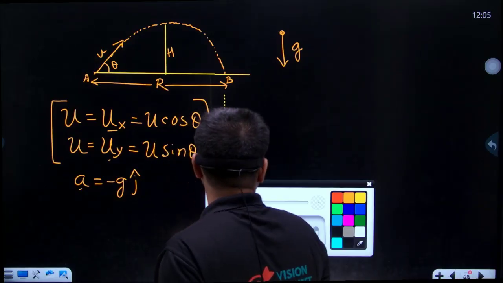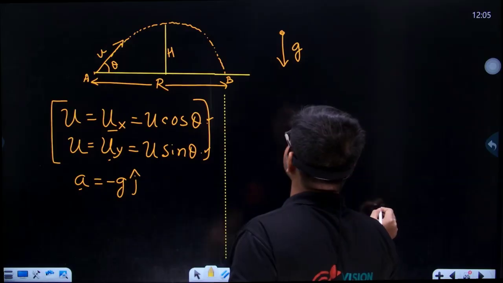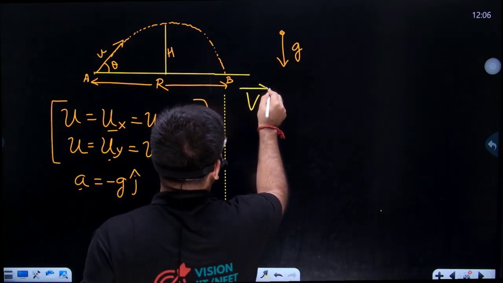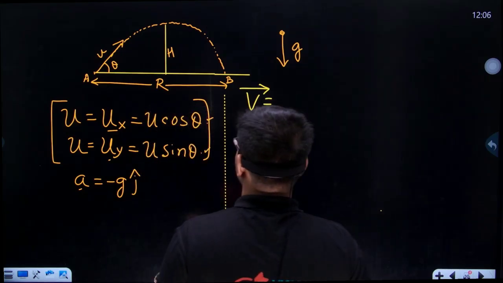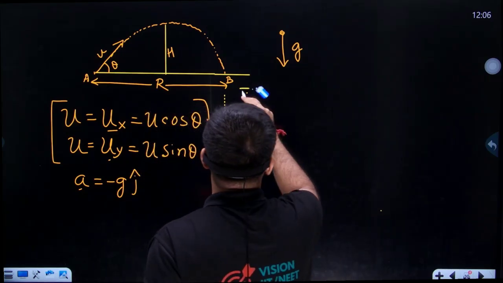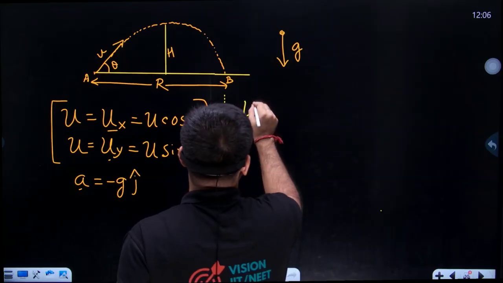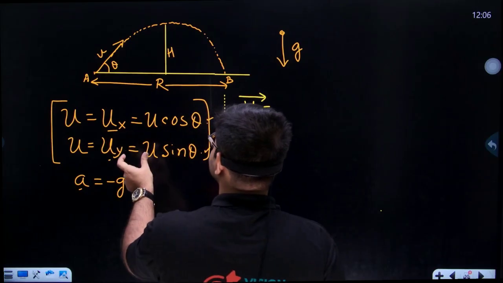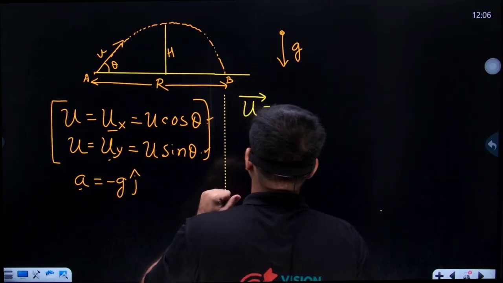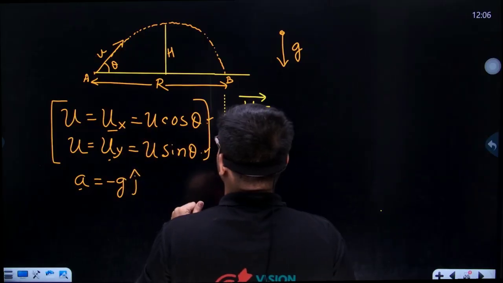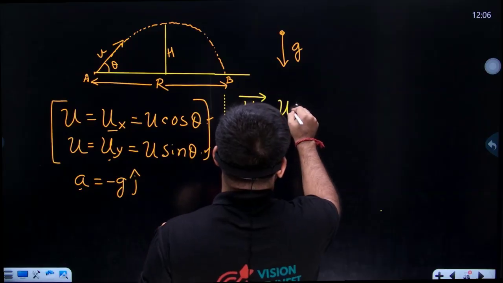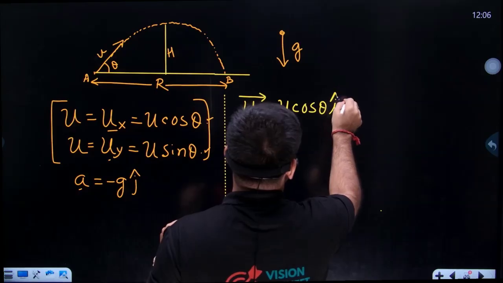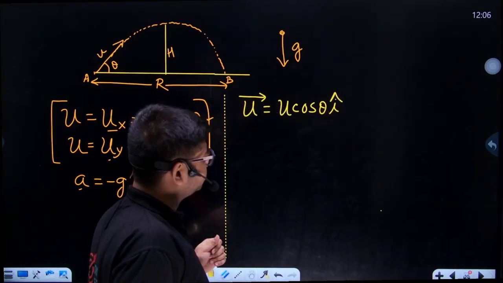It is going to be, you see, if I write the velocity, या फिर हम लोग यहां पे u भी लिख सकते हैं, let us write it u. U is going to be what? ux plus uy, right? So my ux is what? U cos theta. And this is along the positive x. So I am taking it as i cap. है ना?